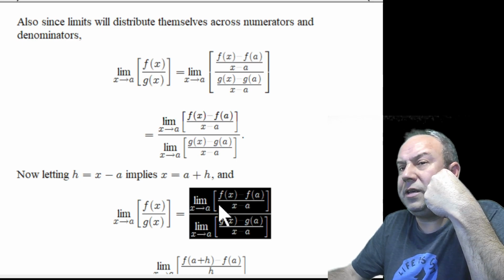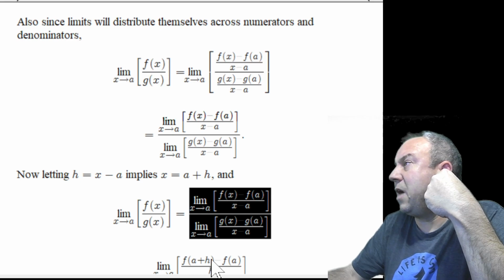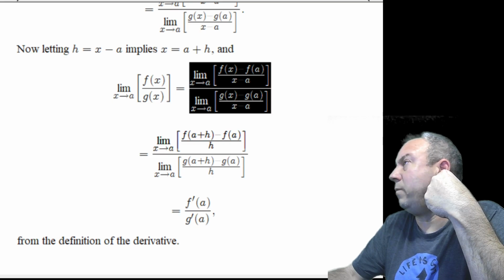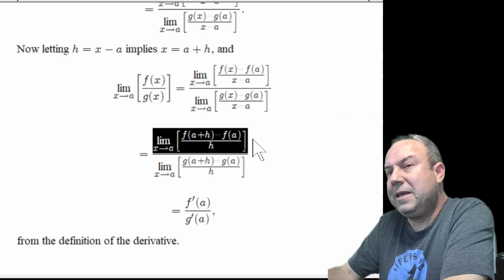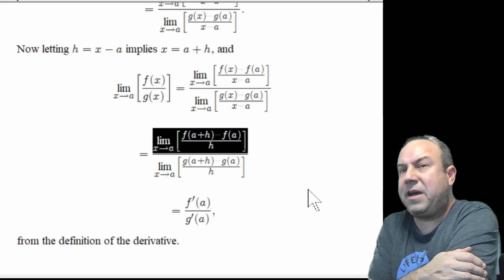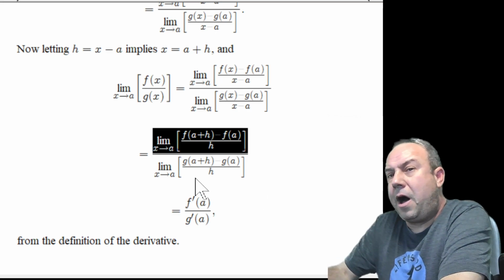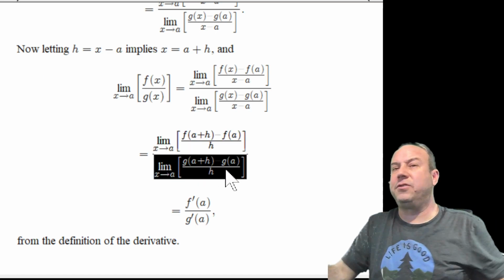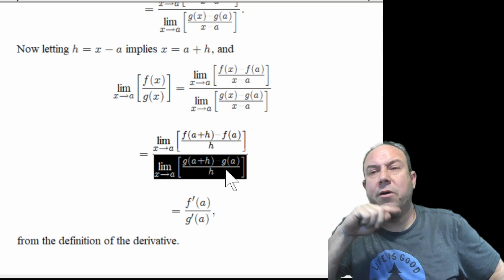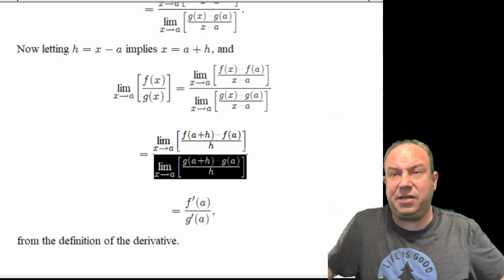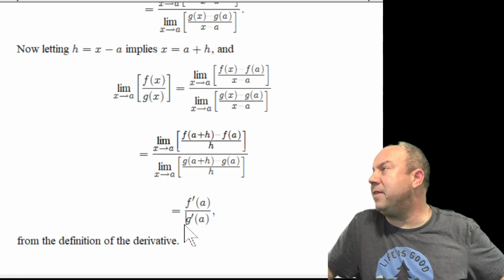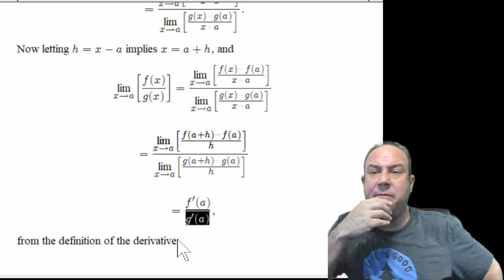So if we go into these limits here, and we make those replacements, we should see something that is even more recognizable, hopefully, to us. This limit here is as h approaches 0 for f of a plus h minus f of a divided by h, all divided by this limit as h approaches 0 for g of a plus h minus g of a divided by h. Where by definition of the derivative, we should recognize the numerator is f prime of a, and the denominator is the quantity g prime of a.